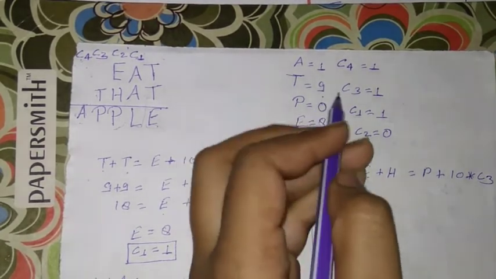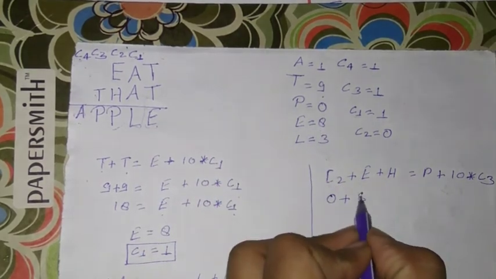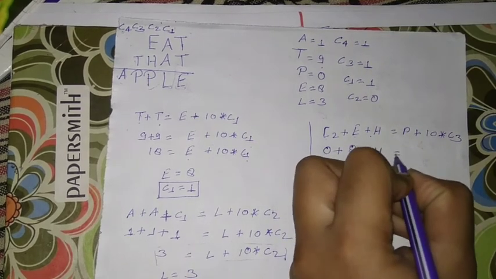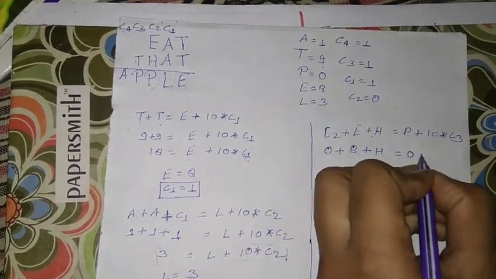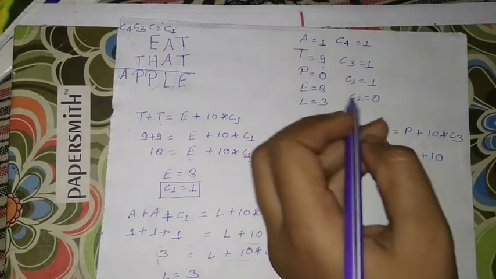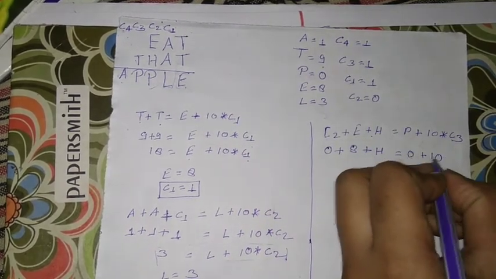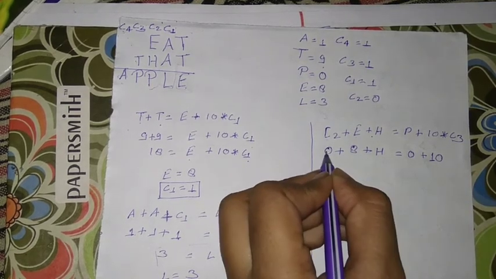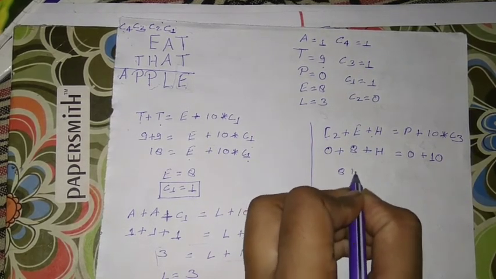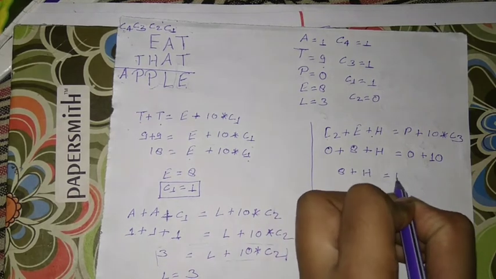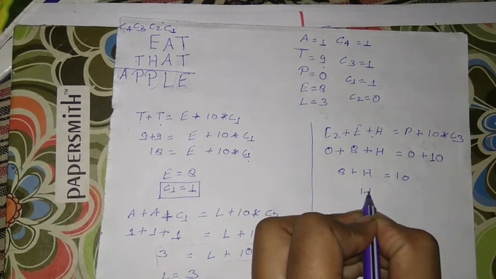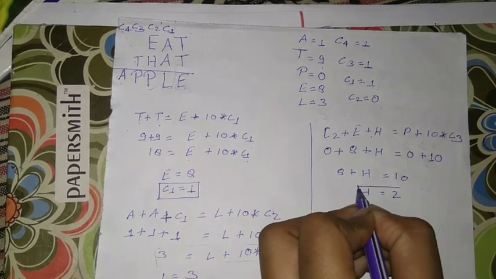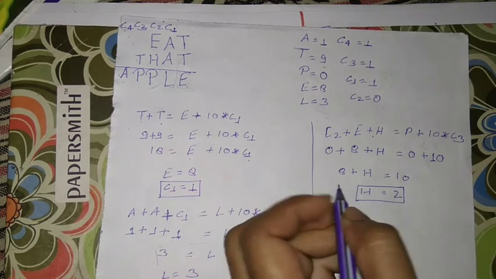The value of E is equal to 8, so here we put 8 plus H equals the value of P, which is 0, plus 10 into the value of C3, which is 1, that is it will be 10. So here 8 plus H equals 10. Now the value of H equals 2. We got the value of H equal to 2.